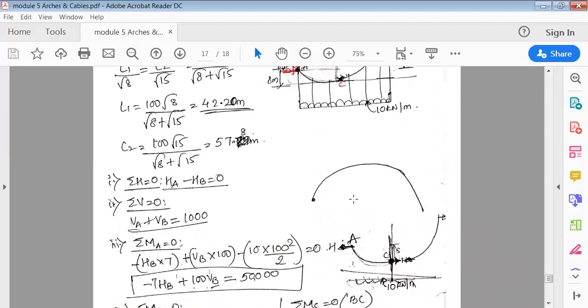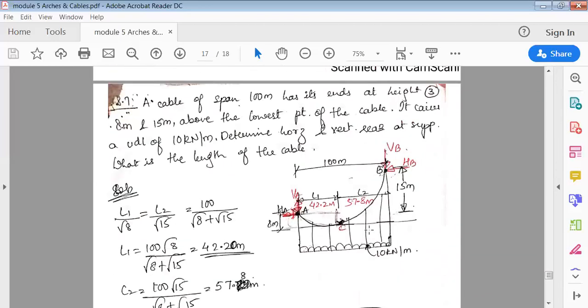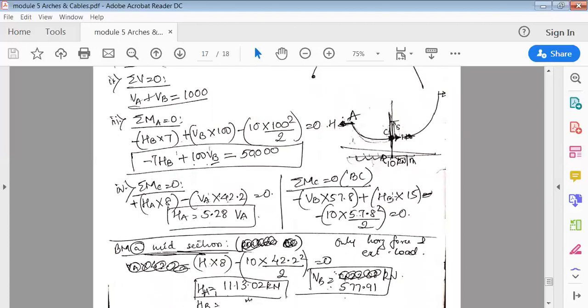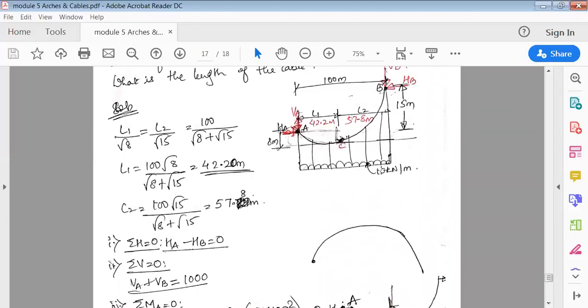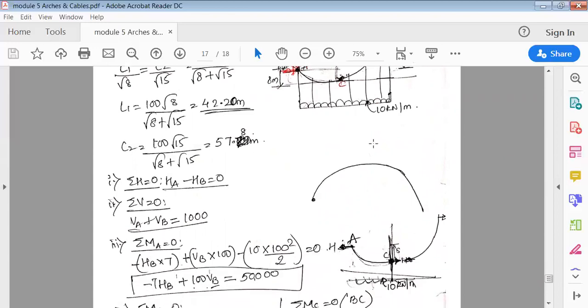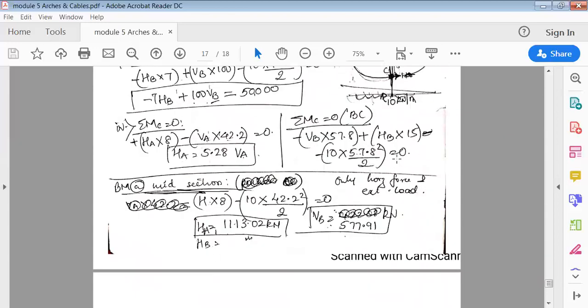Then plus HB into its perpendicular distance, so HB into 15. Then the UDL is going clockwise, right side clockwise negative, so 10 into 57.8 into 57.8 divided by 2 is equal to 0. Solve this equation.